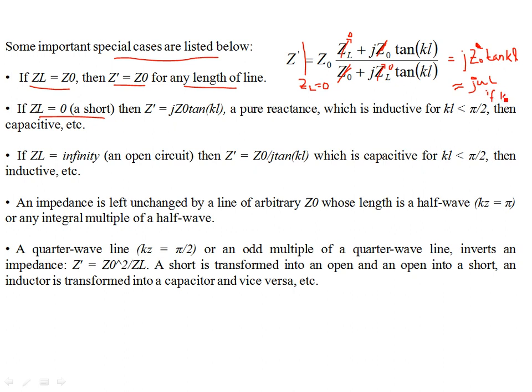If KL is small, the electrical length is small. Then you see for small arguments of theta, tangent theta is theta. Isn't that right? What I'm saying is that tan KL is equal to KL if KL is small.